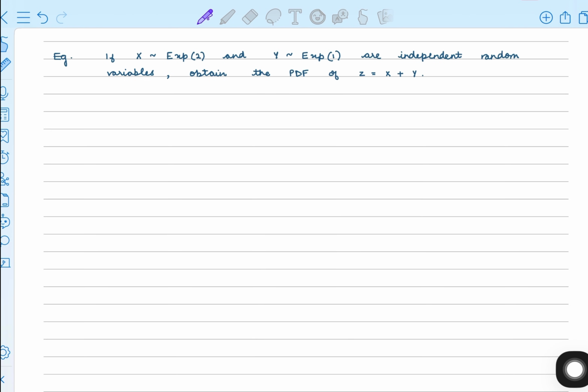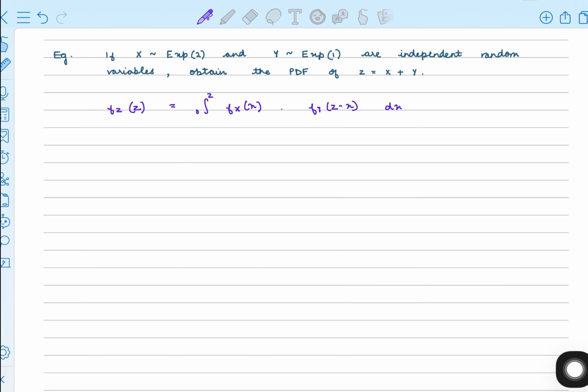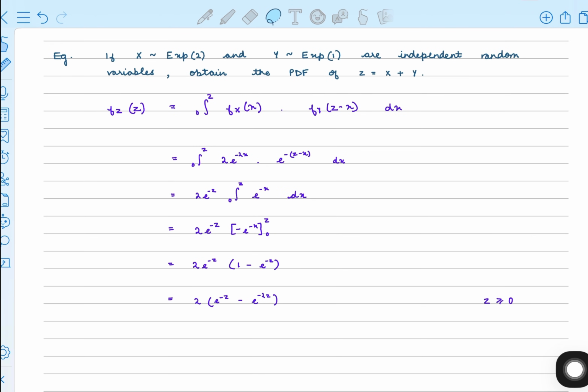Once again, we start by stating our formula. From here, we obtain our final answer. Since this does not correspond to any standard probability distribution, we leave the PDF in this form.